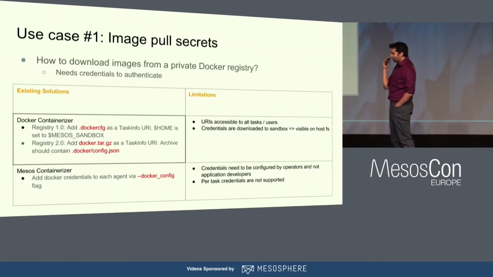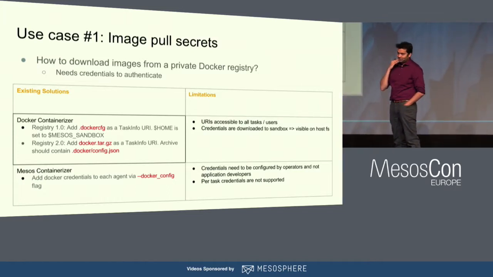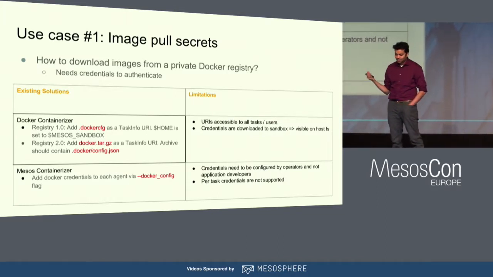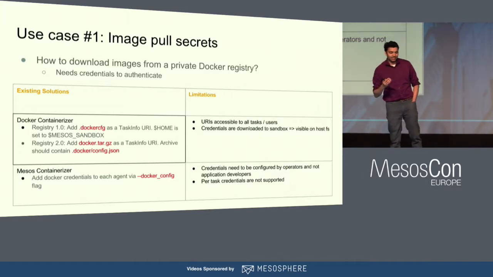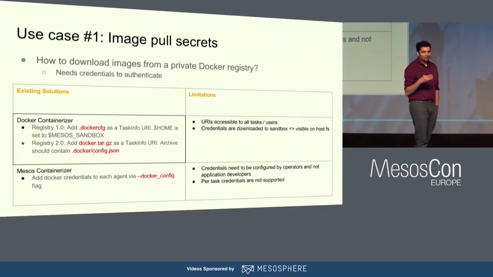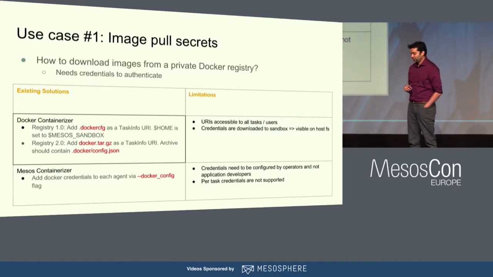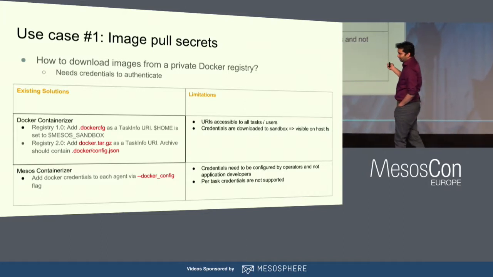So they have to know the credentials that users are going to use, and what ends up happening in these situations is that they're only probably going to configure the registry with one credential that they're going to set on all the agents, and there is not really a per-user credential anymore, because operators cannot conceivably know all those credentials if they use one per user or anything like that. So this is not great either.